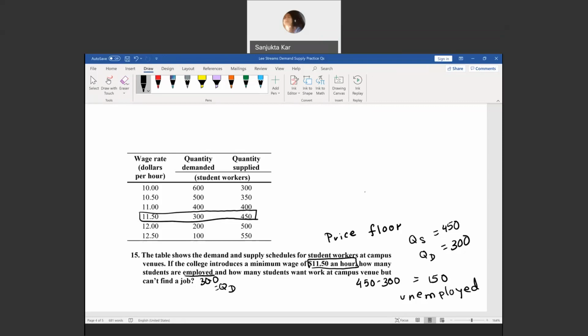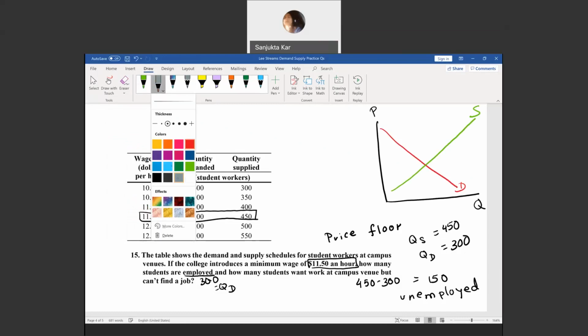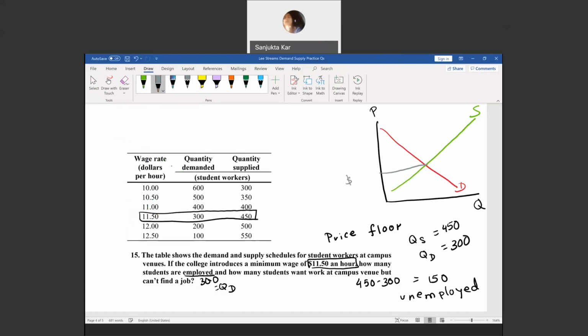Okay, and because this is a minimum wage of $11.50, we can't really go down to $11. So if I try to draw this here, this is quantity, this is price, this is my demand curve, this one's the supply curve. Now this is $11, this one is 400. That's the equilibrium price and quantity combination. Now we have a price floor at $11.50.